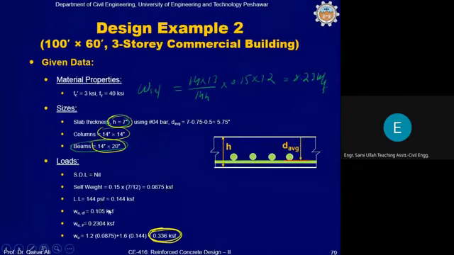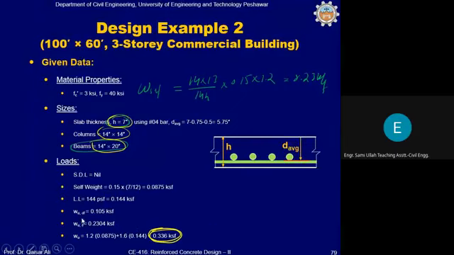So ultimate dead load is 0.0875 multiplied by 1.2, so it is coming 0.105 ksf. And ultimate live load is 0.144 multiplied by 1.6, so it is coming 0.2304. And 0.105 plus 0.2304, the total ultimate load is 0.336 ksf.